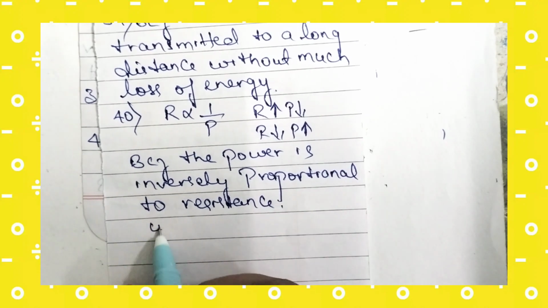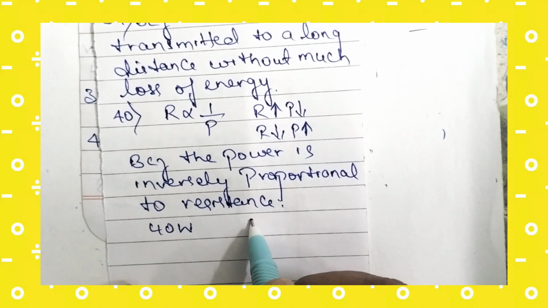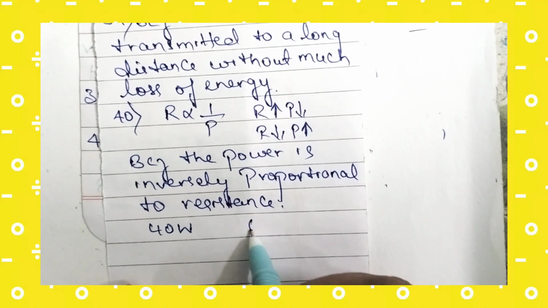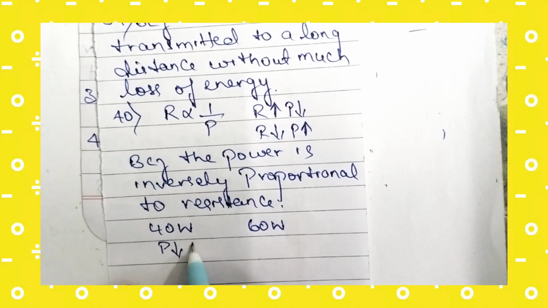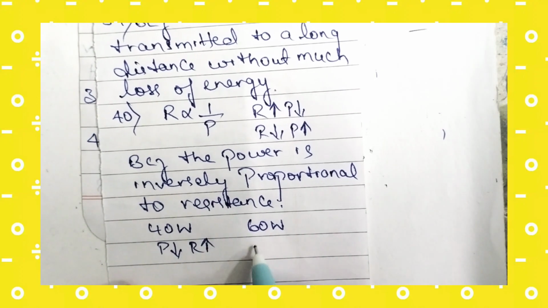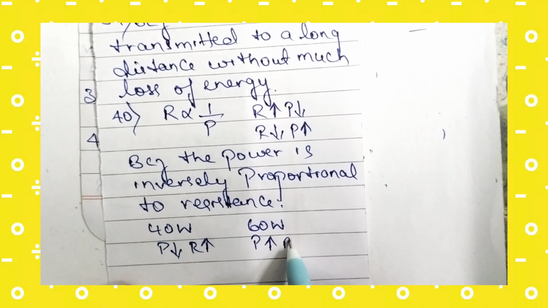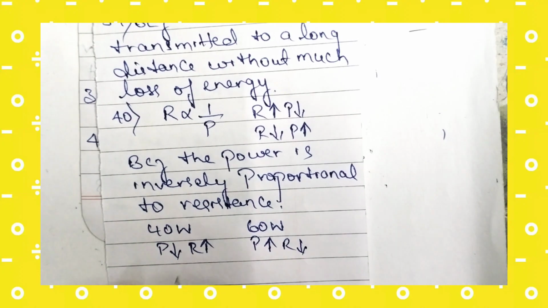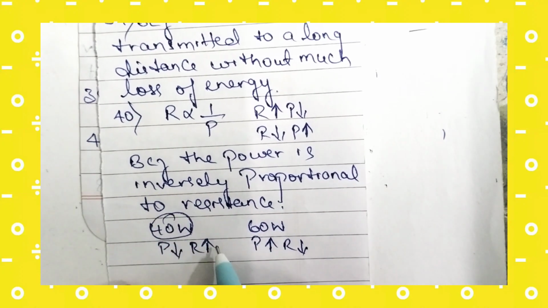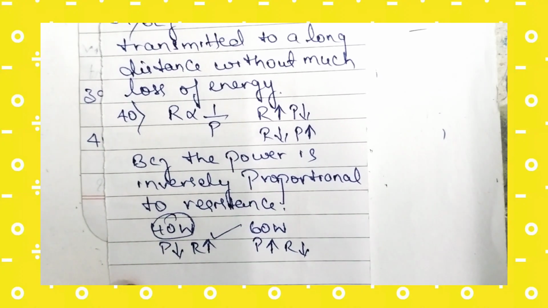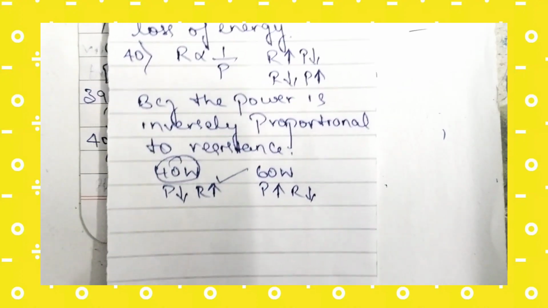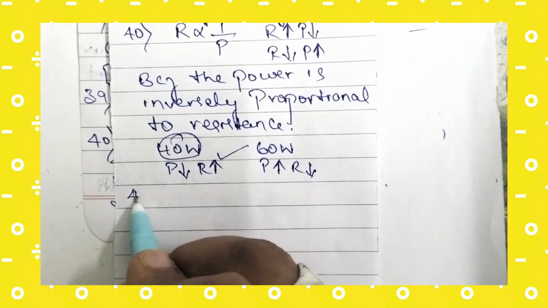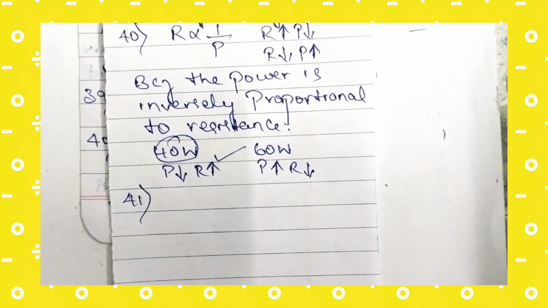So there is 40 watt, next 60 watt. Here the power is less, so the resistance is more. Here the power is more, so the resistance is less. Therefore a 40 watt bulb has more resistance because its power is less. So this is the concept that we have to keep in mind. Now let us move to question number 41.